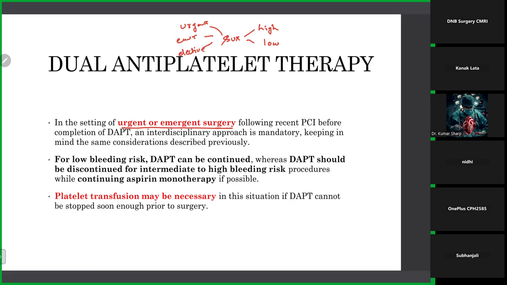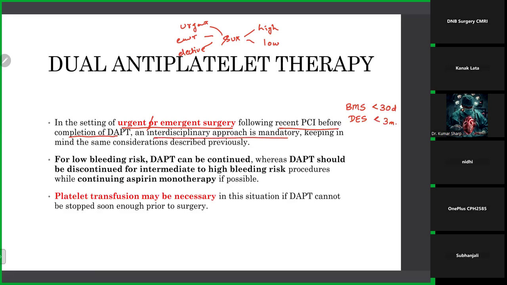Whatever we learned in the previous slides was mainly in the context of elective surgery, where you had the provision of stopping 7 to 10 days before, the provision of bridging the patient using agents, or the provision of making a decision with the interdisciplinary team. Now, in case of an urgent or emergent surgery following recent PCI before the completion of DAPT, this is for the time period when the bare metal stent is less than 30 days and the drug eluting stent with DAPT is less than 3 months, which we had seen in the flowchart.